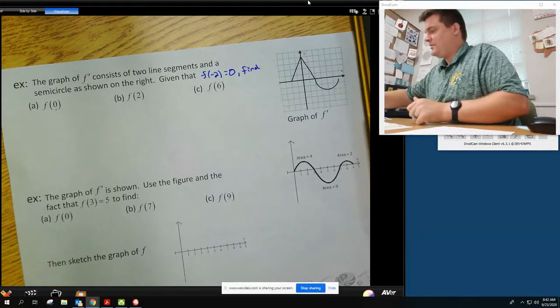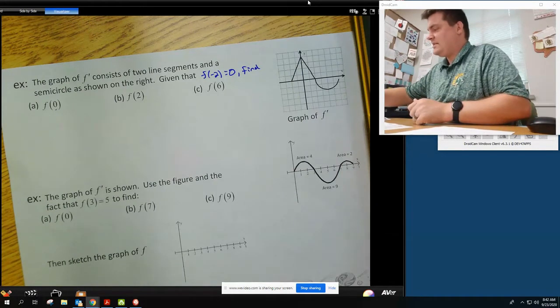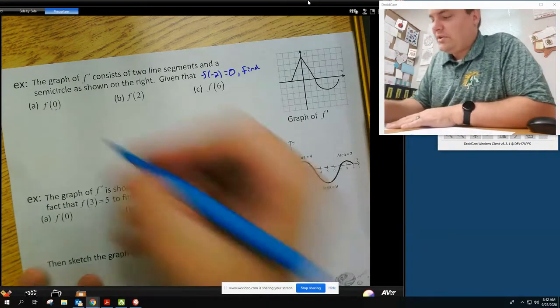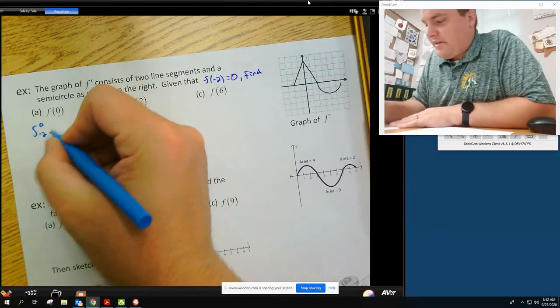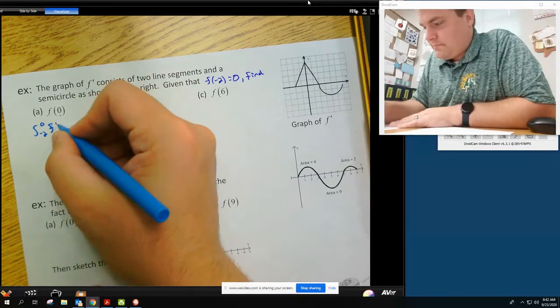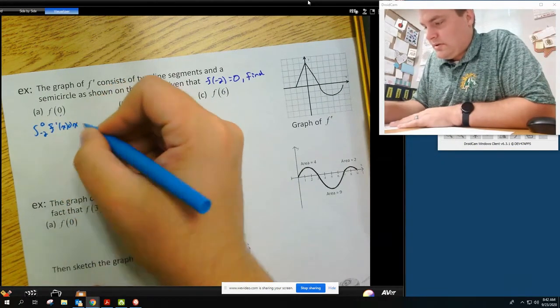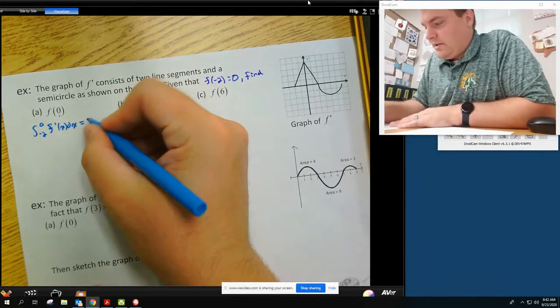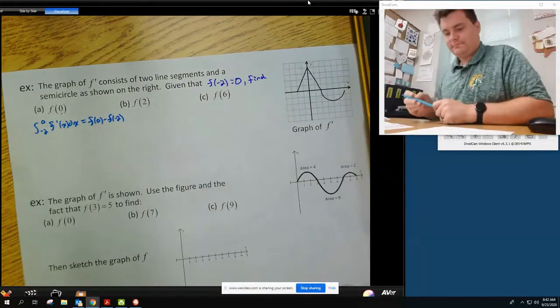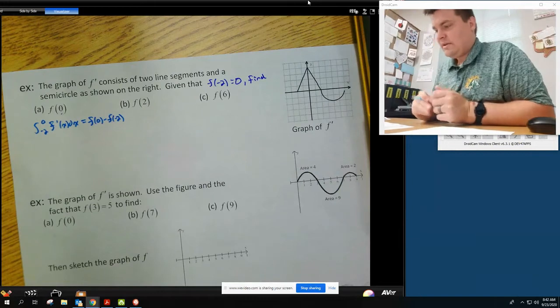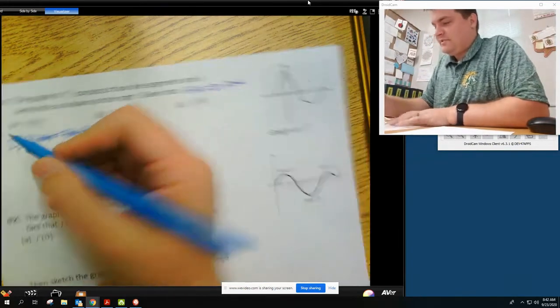Find f of 0. Let's go ahead and set up my handy dandy equation here. So I'm going to integrate from -2 to 0 of f prime, and that's going to equal f of 0 minus f of -2. So let's find the area from -2 to 0.